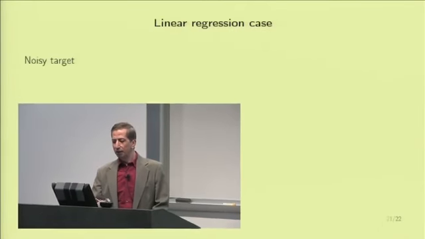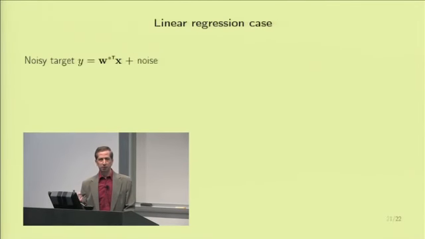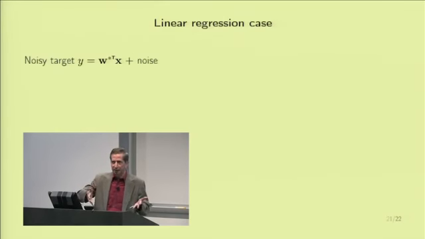So let's start with a reminder of the linear regression. So linear regression, I'm using a target. For the purpose of simplification, I am going to use a noisy target, which is linear plus noise. Okay, so I'm using linear regression to learn something linear plus noise. If it weren't for the noise, I would get it perfectly. It's already linear. But because of the noise, I will be deviating a little bit.